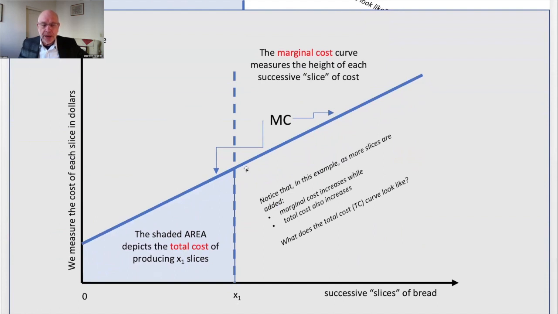And again, the area beneath the marginal cost curve is indicative of total cost, because we're adding cost, adding cost, adding cost with each increment. And if we stop at a given point, then we look at the corresponding area as the total cost associated with that.